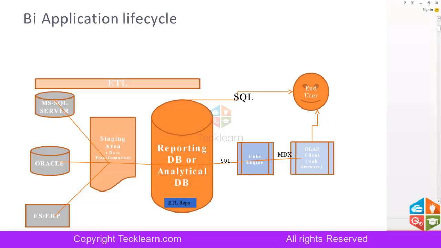The staging area is the exact replica of the data you have in the source systems. We will not do much transformation, just plain extraction and loading. More like we take the data from all different portions and dump it into one area without caring much about what is in it.